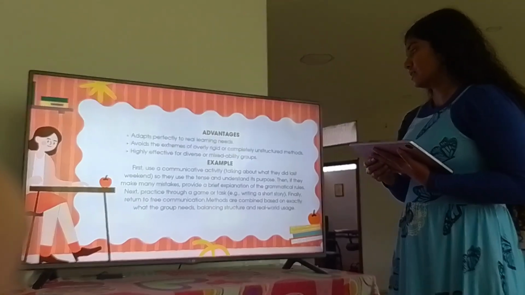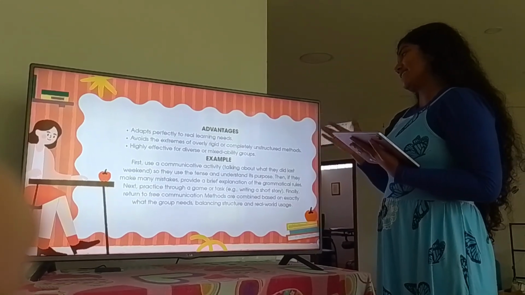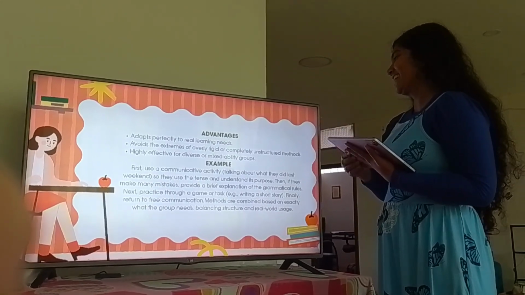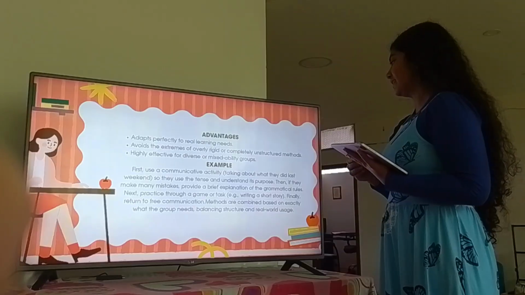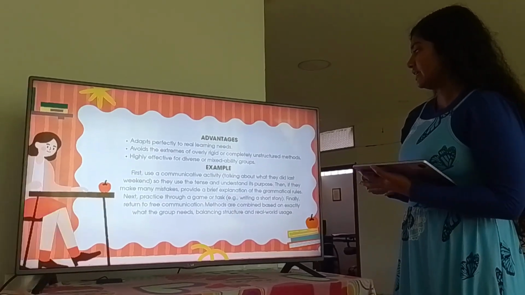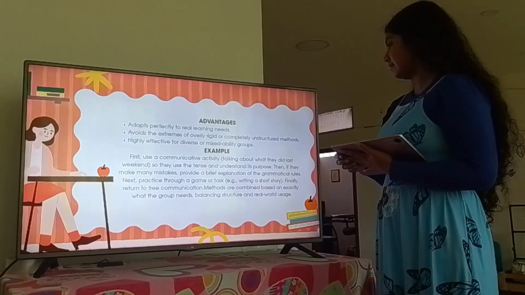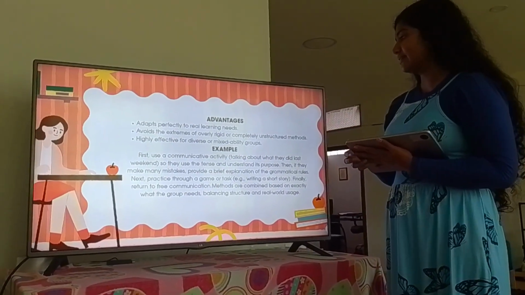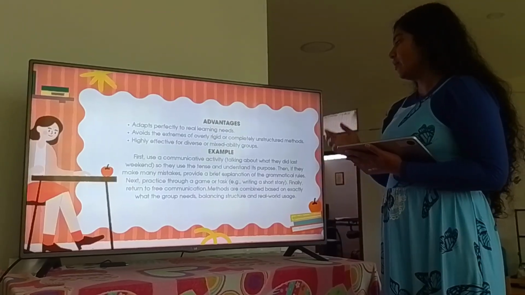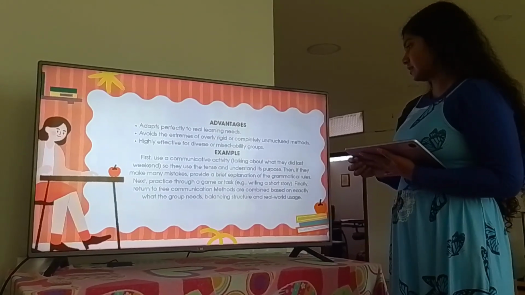Example. First, use a communicative activity, talking about last weekend. So they use the language and we see how well they understand it. Then, if they make many mistakes, provide a brief grammatical explanation.